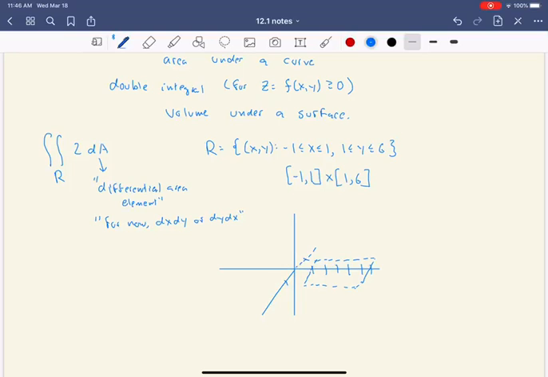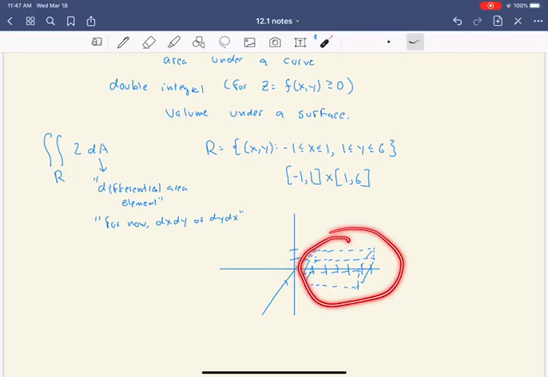So we've got that area that we're going to be integrating over. Our height is 2. So we've got, badly drawn, the volume of this box.